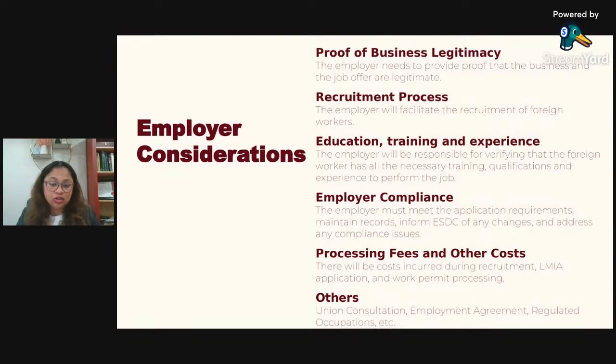What do you need to do for the application to maintain records and inform ESDC of any changes and address any compliance issues. There are also processing fees and costs that are incurred during the recruitment process, during the LMIA application and work permit processing, which we will talk about, and all the other expenses that you would incur, such as employment contract.